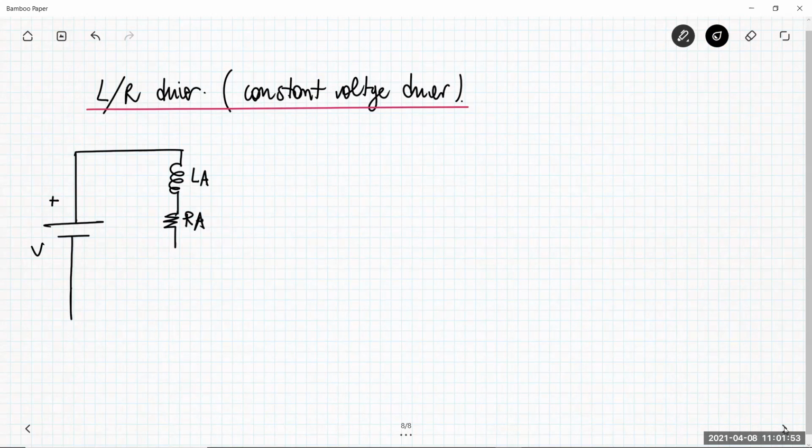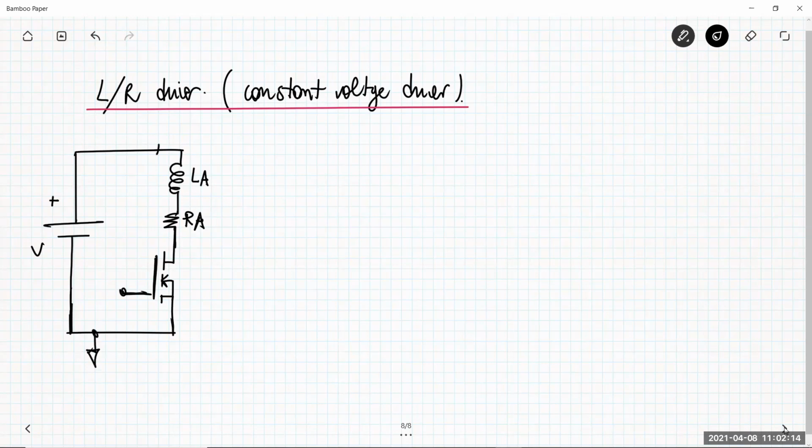These are two parameters that are indicated in the datasheet of the stepper motor. And let's suppose here you have a switch that, for example, is an N-channel power MOSFET, and here we have the input reference signal.